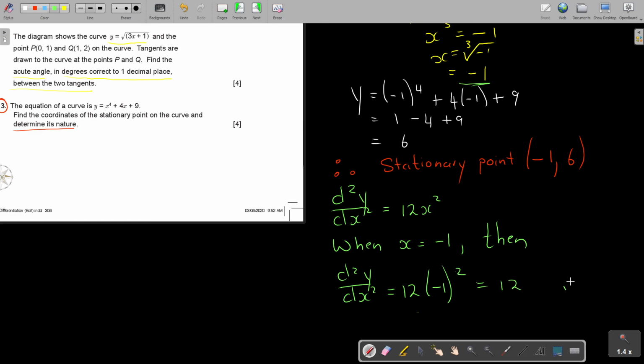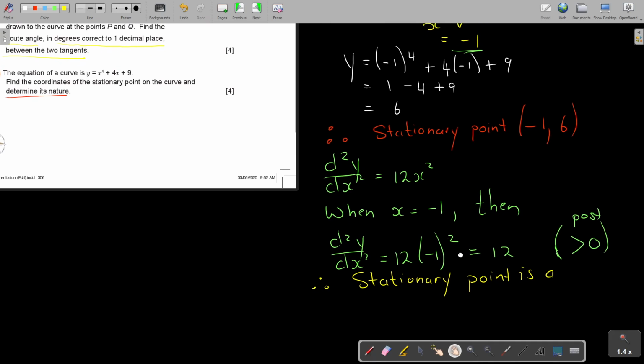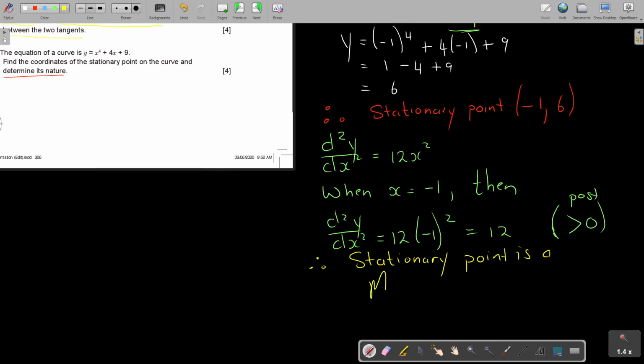And just take note, it's bigger than 0. It's a positive point. So therefore the stationary point is, here it comes, the opposite, a minimum point. Okay, and that's how you do it.